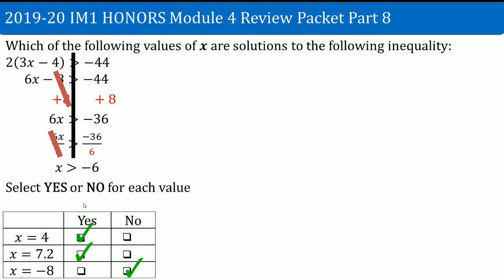Would it be better if I graph it for you? Would that help? Okay, let me show you. Give me a second. All right, so here you go. Here's 0, here's 1, here's 2, here's negative 1, negative 2, negative 3, negative 4, negative 5, and negative 6.